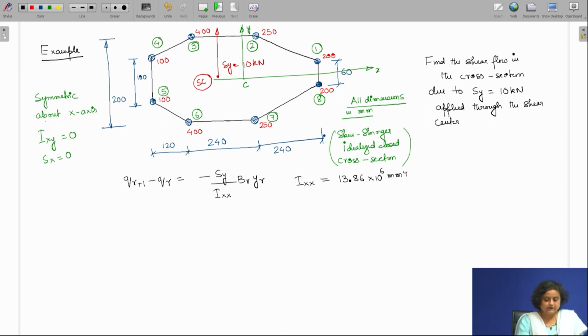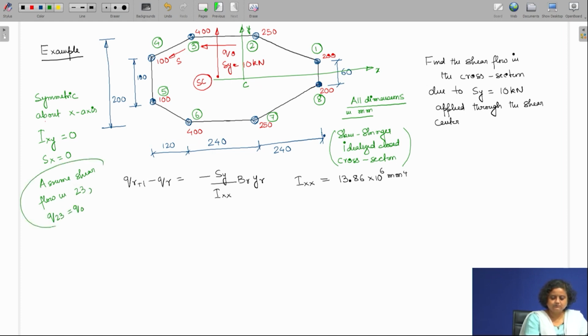So therefore, let us assume that the shear flow in the 2-3 portion is Q0 and it is in this direction. So this is the direction of S. So we are going to assume the shear flow in 2-3, that is Q23, is going to be Q0.